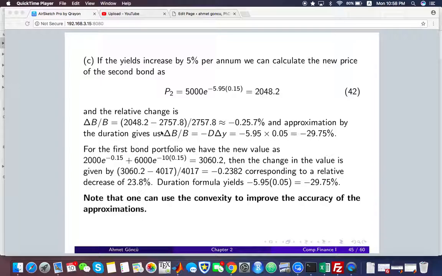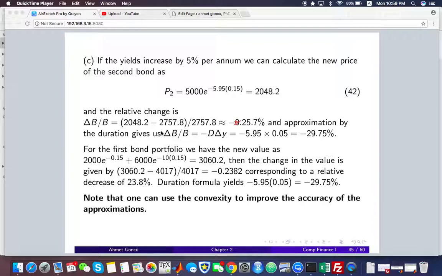So let's look at this quickly. If the yields increase by 5% per annum, we can calculate the new price just as we did before, and notice that now we added 0.05, which is the 500 basis points, and the new price is 2048.2. If you compare with the previous price, the decrease is around, sorry for this typo, there is no zero here, so this is a percentage.